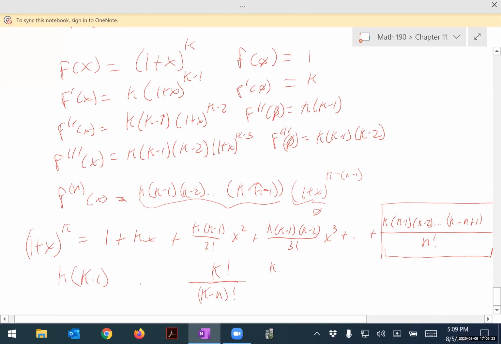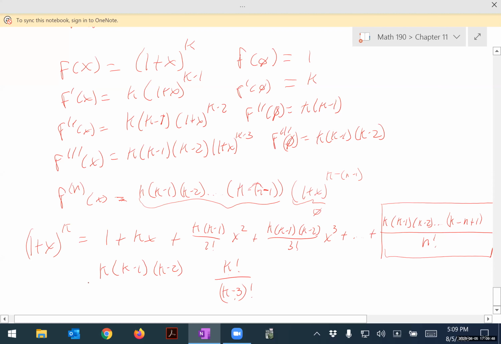Okay, so if n is 2, well, let's think about it this way first. K times k minus 1 times k minus 2. What would I have to do with this one? I would have to have k factorial over k minus 3 factorial.